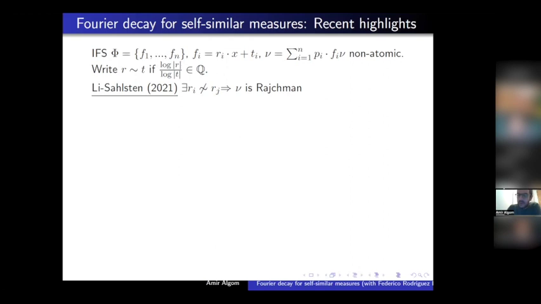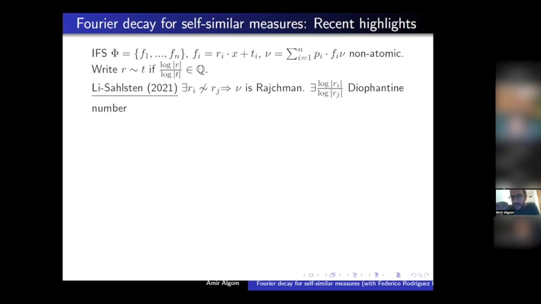And furthermore, they obtained some rate of decay if there exist i and j such that this ratio is a Diophantine number. Now, I didn't want to define what a Diophantine number is. Let me just say what it is. By Diophantine number, I mean that if you dilate it by large numbers, it stays away from the integer lattice in some quantitative way.